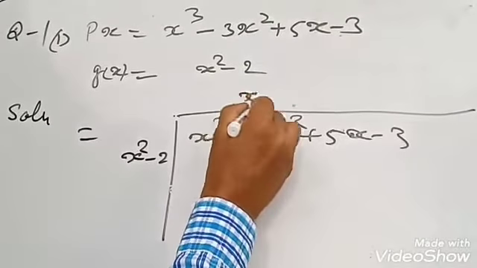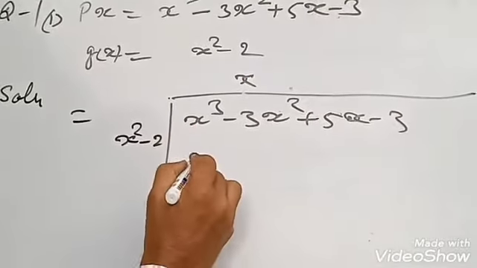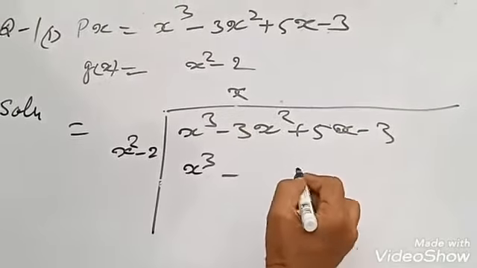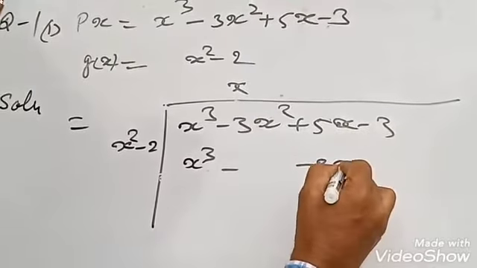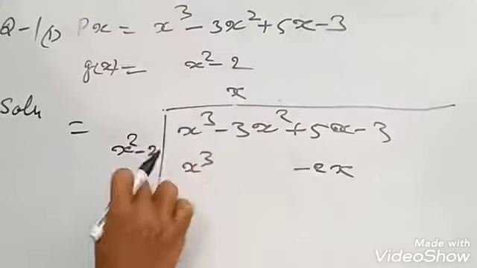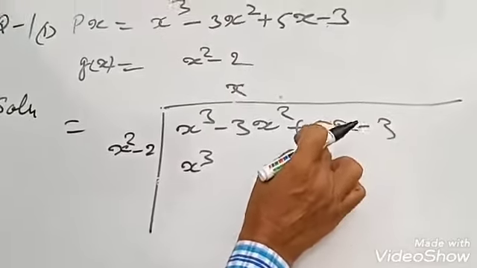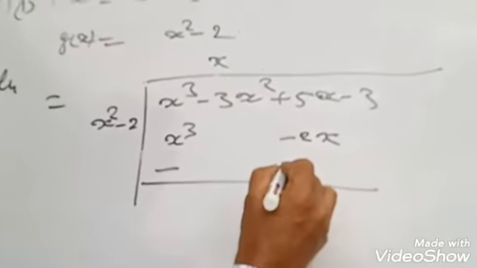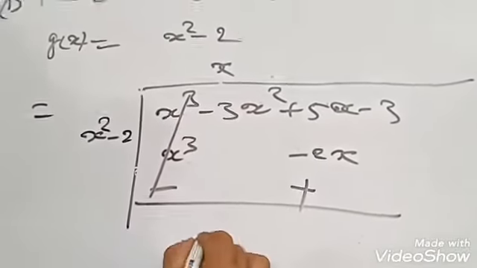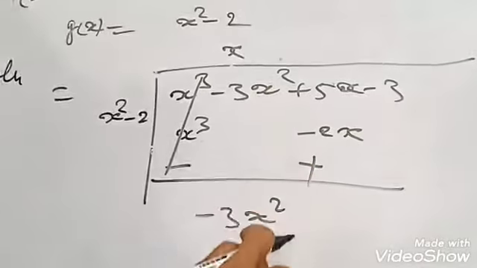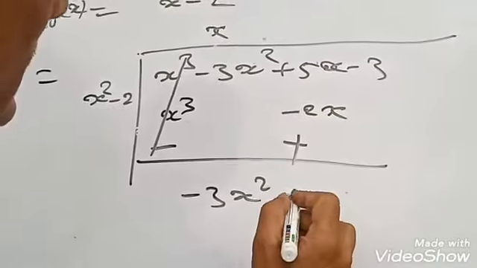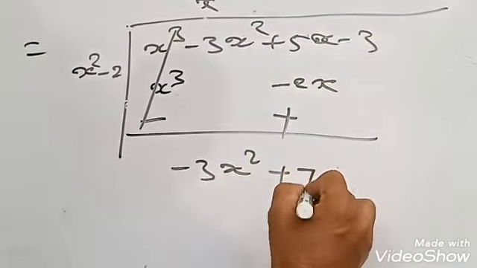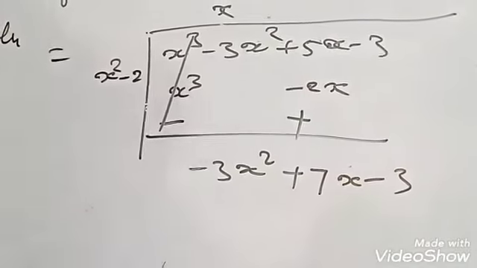Here x cube minus 2x. Here is 5x, right, here 2x. Just below the 5x. Now on subtracting, this minus 3x square, this is first. Then after this is 7x minus 3.